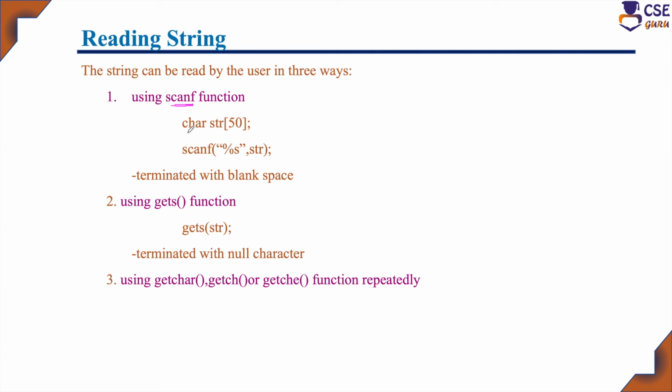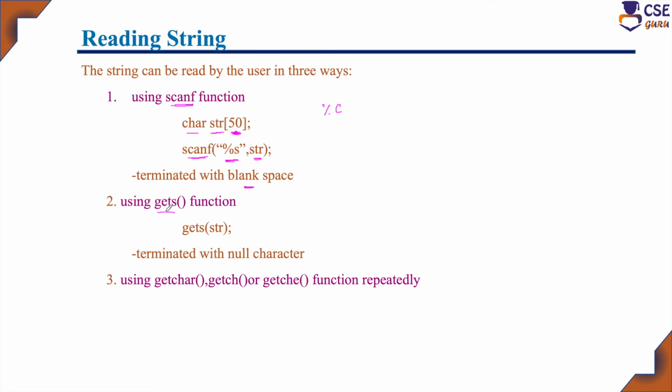Declare the string char str[50], and in the scanf statement we have to use %s. For a character, we use %c; if it is a string, we have to use %s. And here, the input string will terminate if you enter a blank space. So the runtime input you specify here. In this case, if you enter a blank space, the acceptance of input will be terminated automatically.